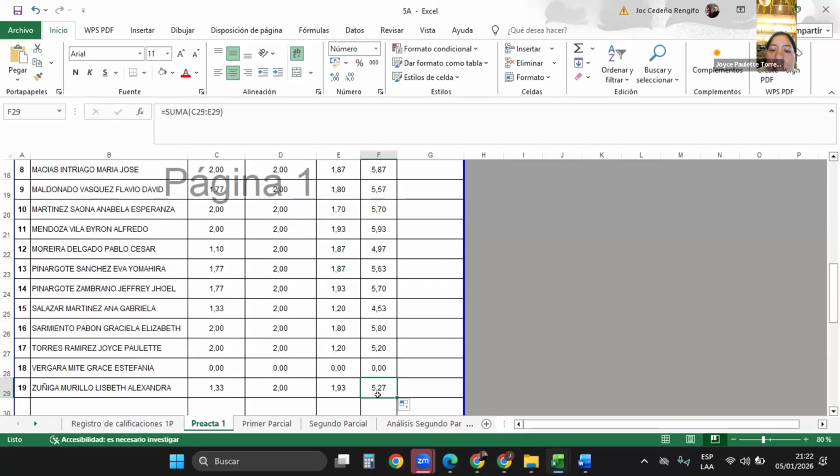Pinargote Jeffrey, 570. Salazar Ana Gabriela, 453. Sarmiento Graciela, 580. Joyce Torres, 520. Vergara Grace, nothing. Zúñiga Lisbeth, 527.